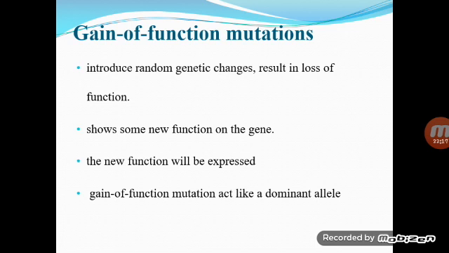Student, this is the best example to represent this gain of function mutation. It is just a reversal of the loss of function mutation. Mutation events are like bullets being fired at a complex machine.